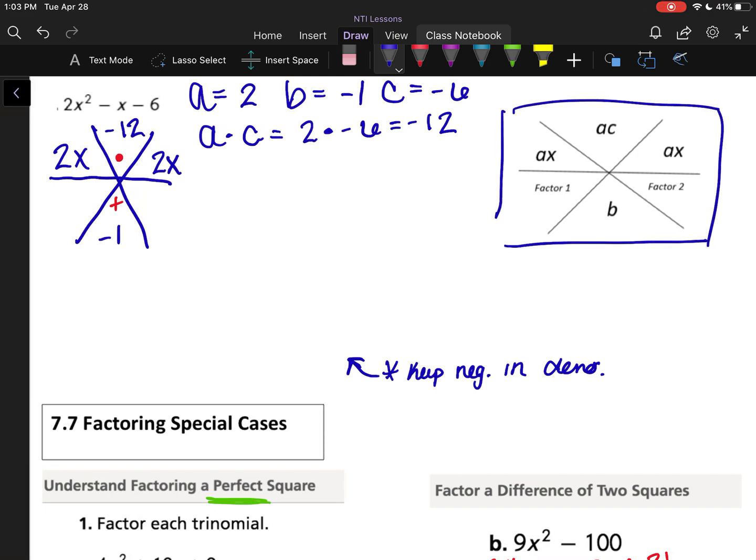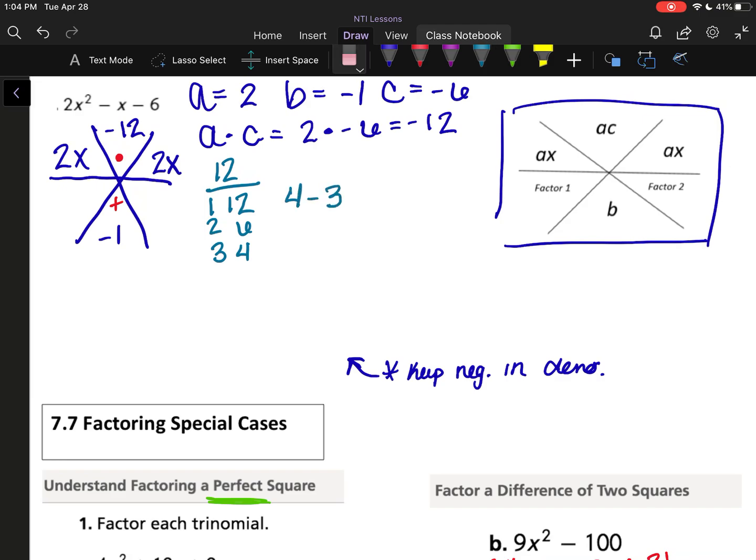And now I want to know the factors of 12, which would be 1 and 12, 2 and 6, 3 and 4. Now, I've got to multiply to be -12 and add to be -1. So I'm going to have to think of a combination of positives and negatives. Well, what about 4 minus 3?